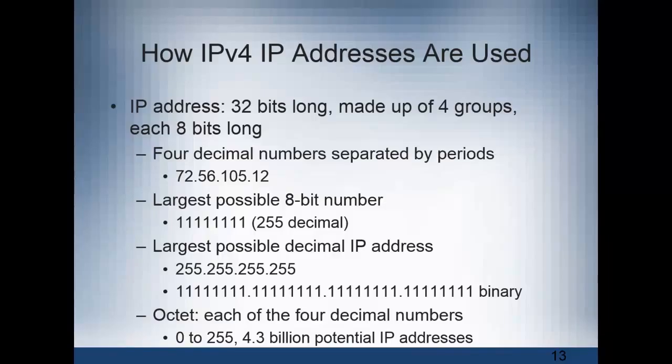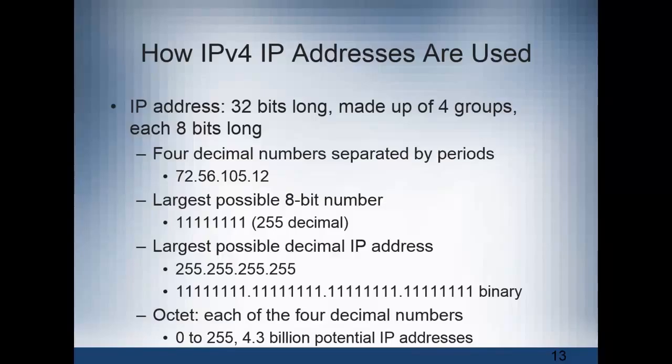Now, the largest possible 8-bit number is 11111111, or 8 ones, which is equal to 255 in our decimal notation. So the largest possible IP address in decimal is going to be 255.255.255.255.